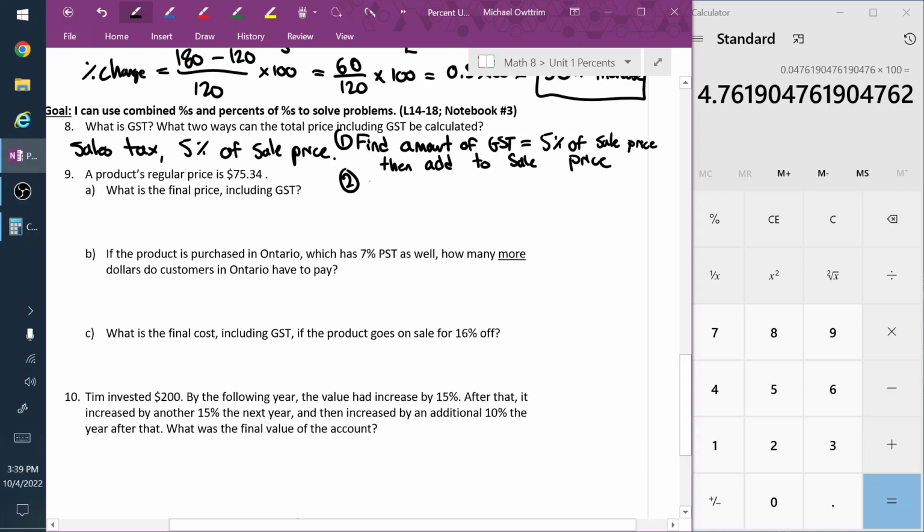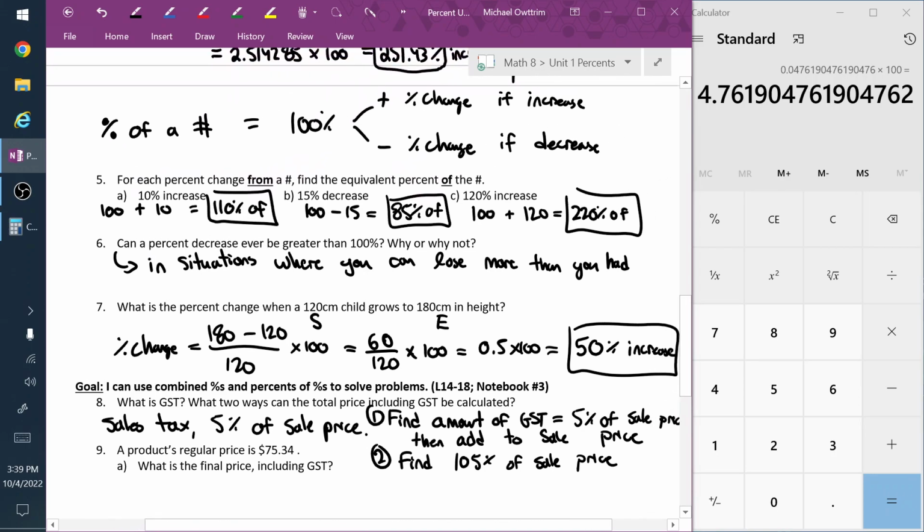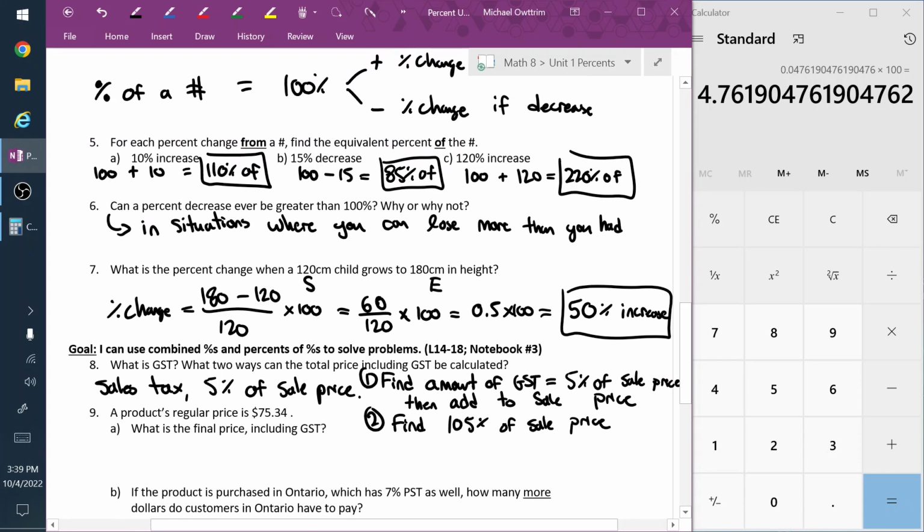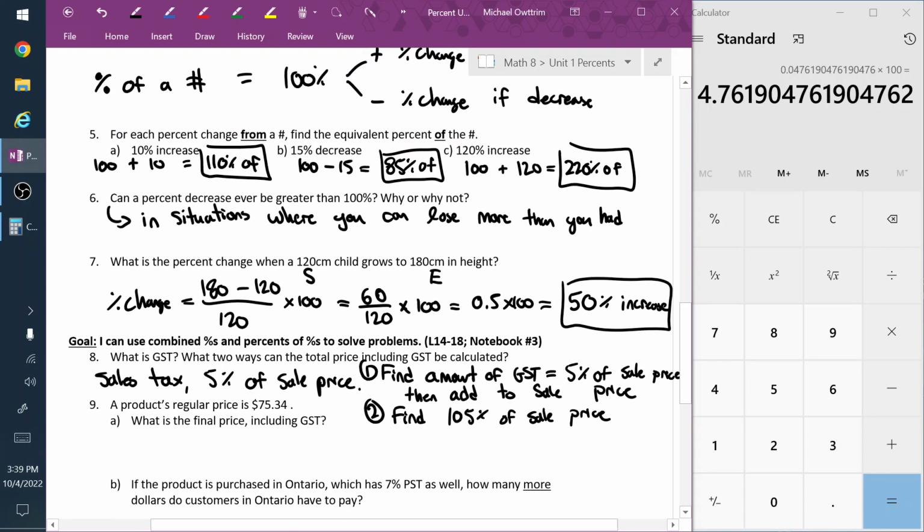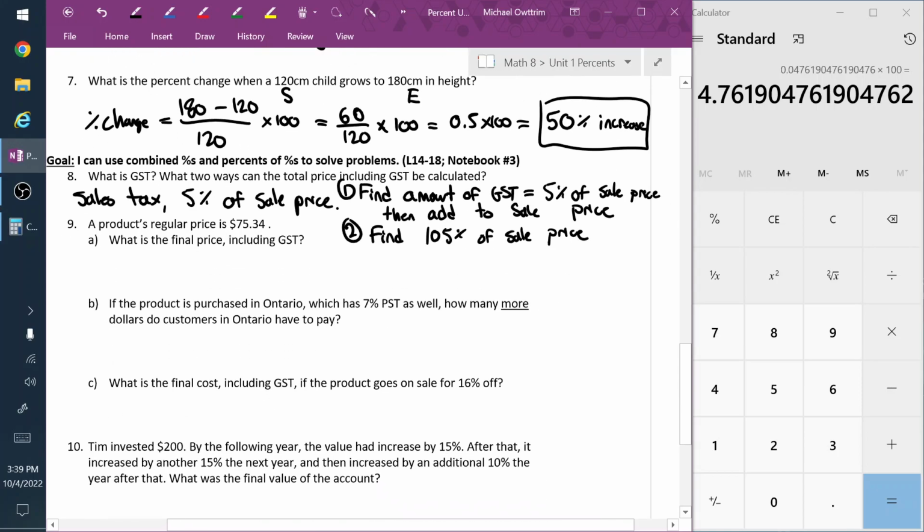Or we can just find 105%. And that 105 comes from an idea of a percent change. Tax is a 5% increase. So 100% of the product plus our 5% increase is 105% of the sale price.